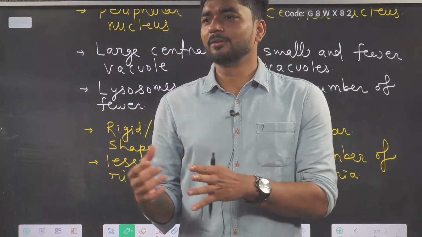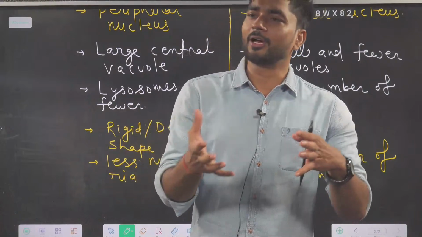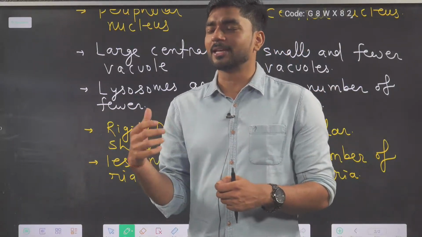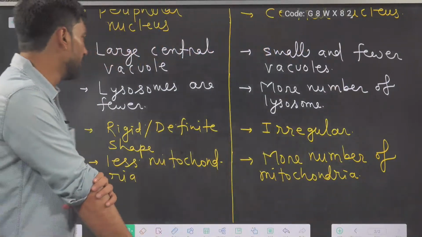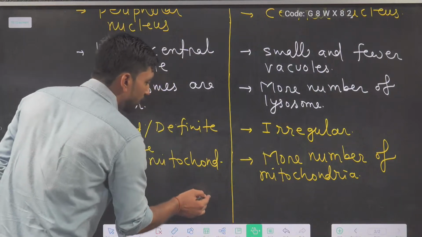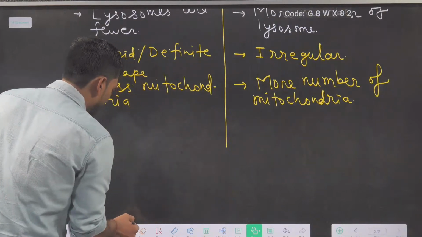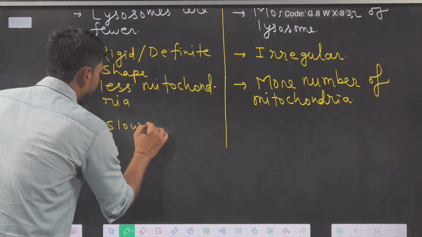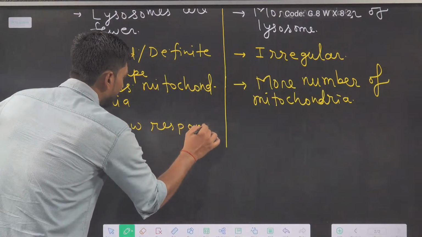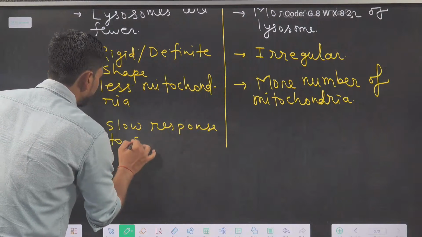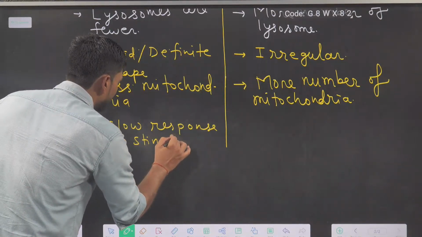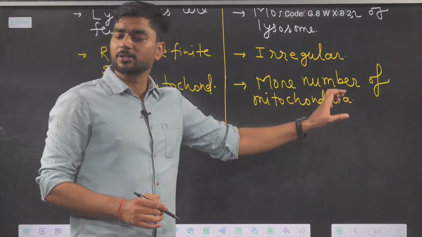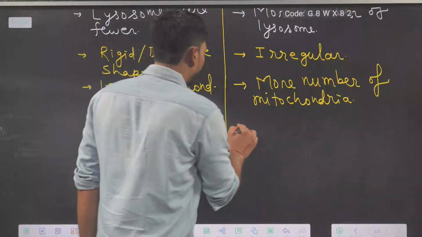If it is a human, the language is the answer. If it is a cattle, or a cow, the response will be activity. So here in plants we can say slow response to stimulus, and in animals it's a faster response to stimulus.